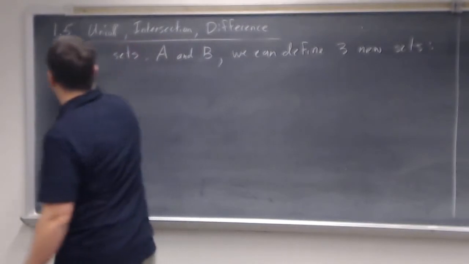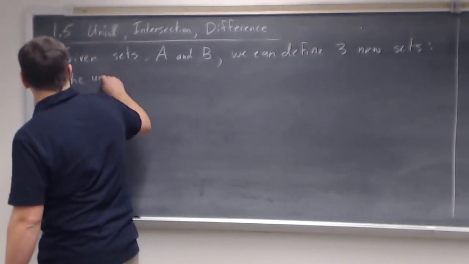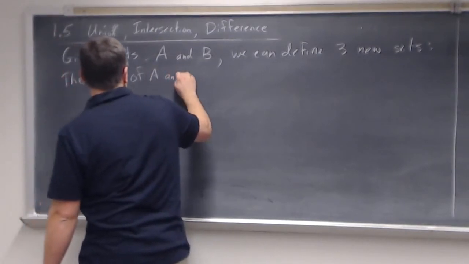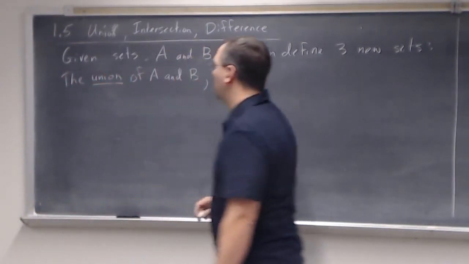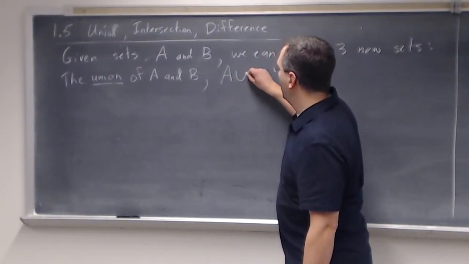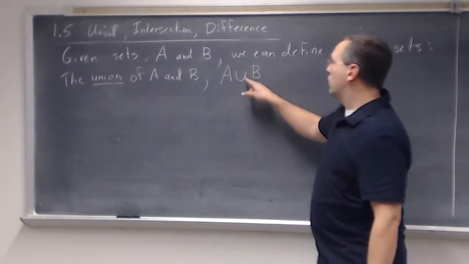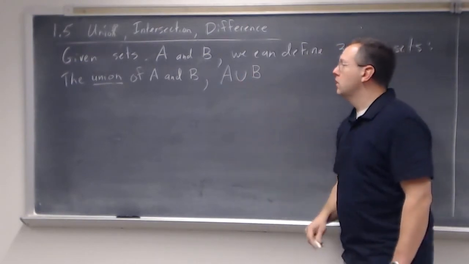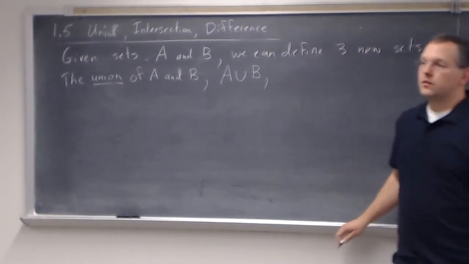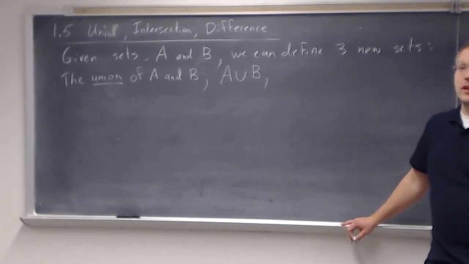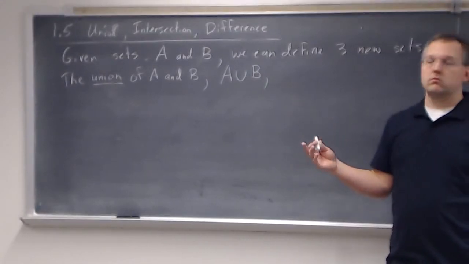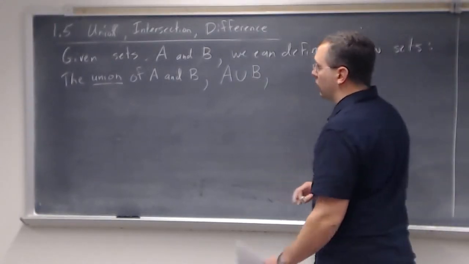First one, the union of A and B. The notation for the union is a U between A and B, like a cup with no line on top. Most people don't say "the union of sets A and B"; you just say A union B.